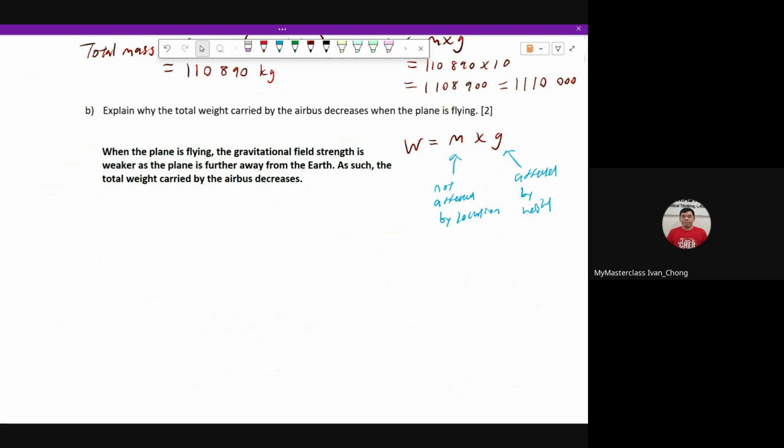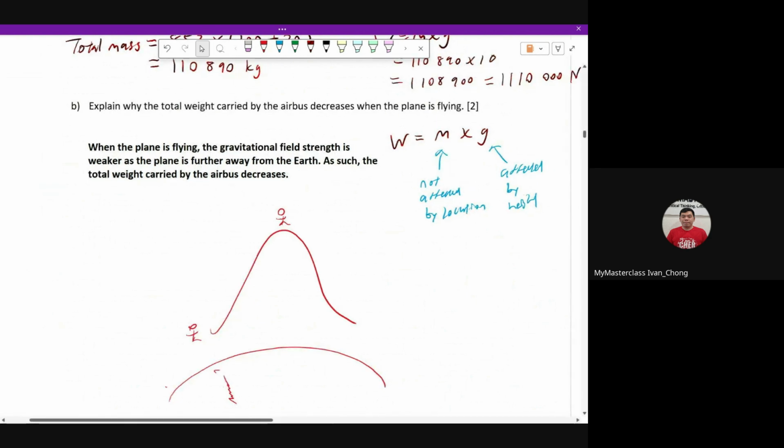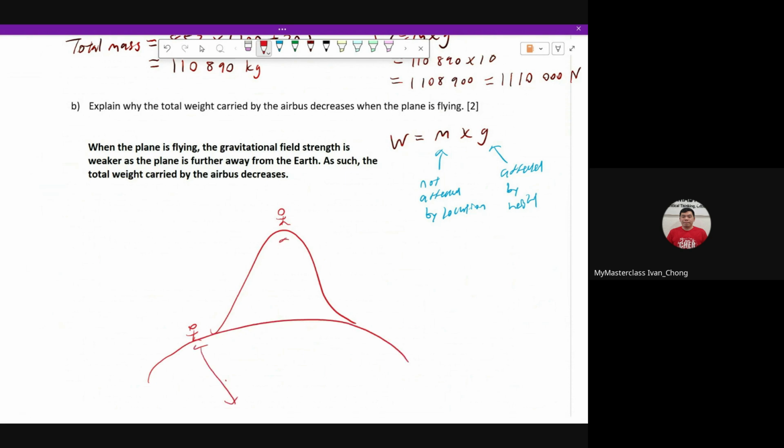So if you want to lie to yourself, you can always go up a mountain and measure your weight on top of a mountain. Because when you're on top of a mountain, you're further away from the centre of the Earth.